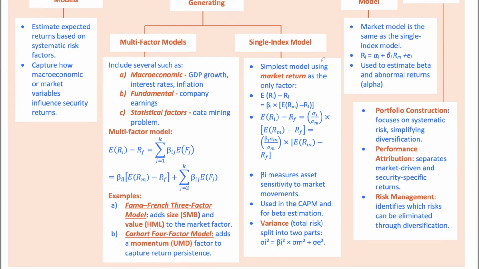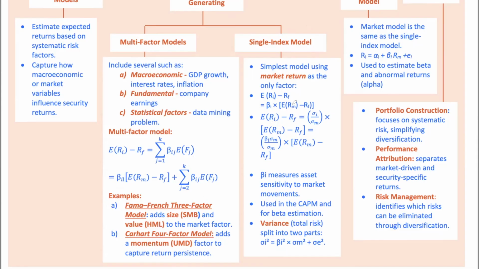All right, let's zoom back to the basics. The single index model, the simplest return-generating model of them all. This one says the only factor that matters is the market. You've probably seen this one already when we talked about the capital market line. Same idea, just written for an individual security instead of a whole portfolio.